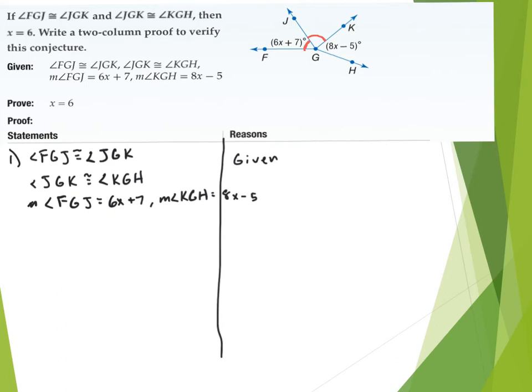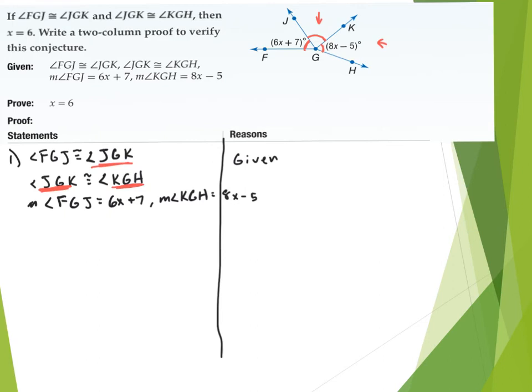Okay, so that means this angle right here is congruent to this angle right here.